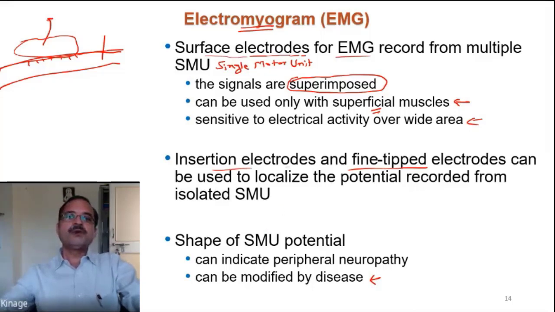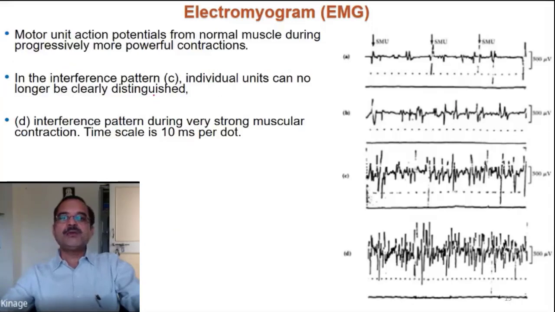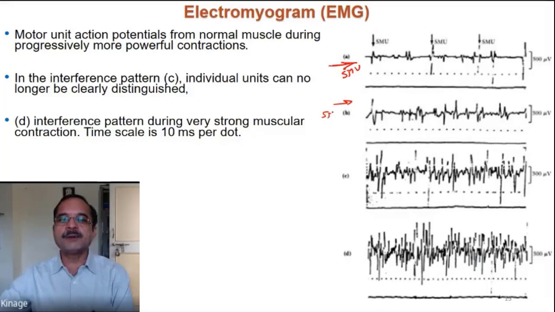Okay, so this is about EMG, that is electromyograph, and this is how it looks. So this is diagram A, maybe the electrical potential or the EMG from a single motor unit, SMU. This may be from a different fiber, or a different SMU.